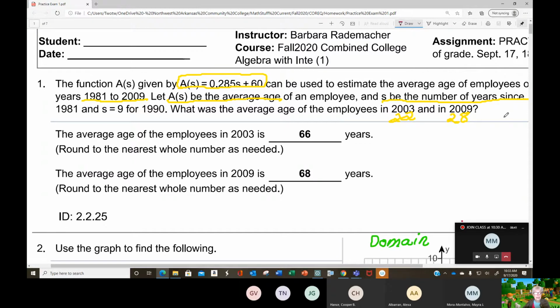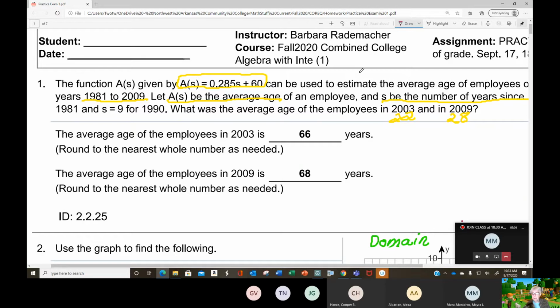Using that system, if s equals 9, that's 1990, and now we're going to find the average age of employees in 2003 and 2009.